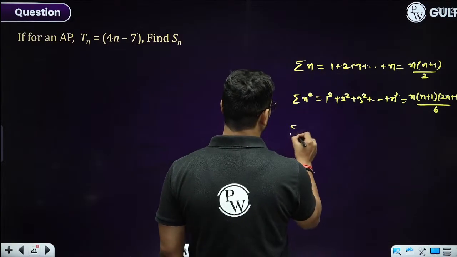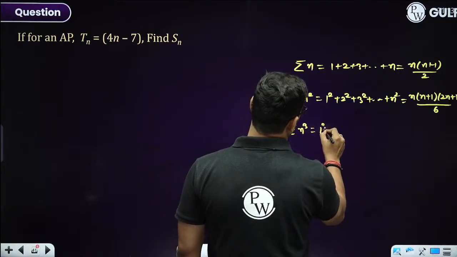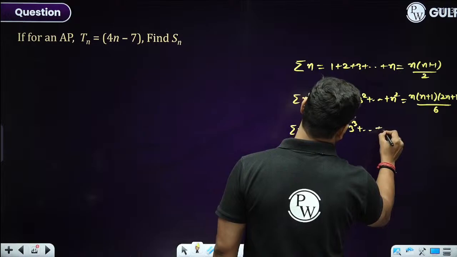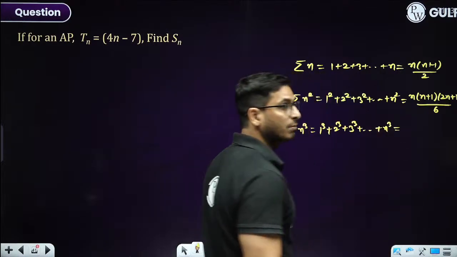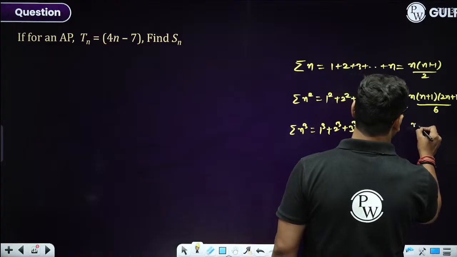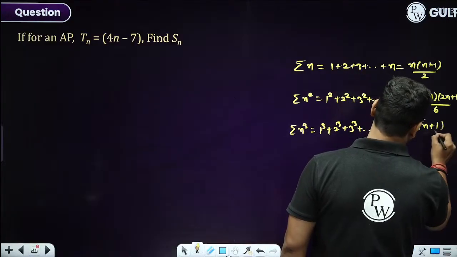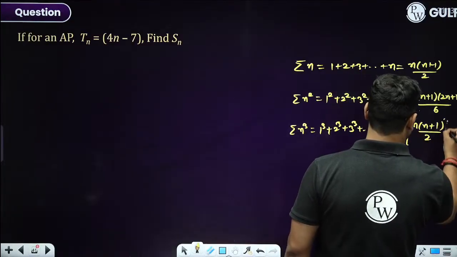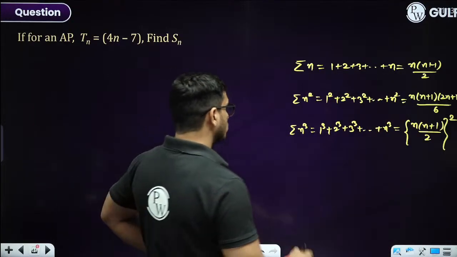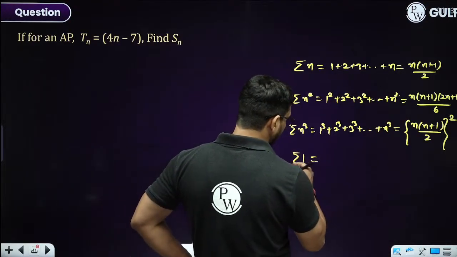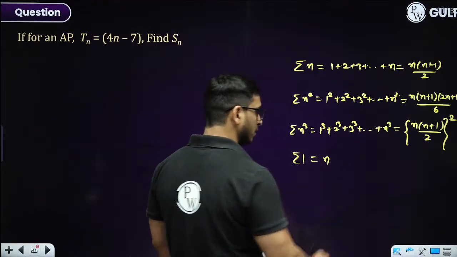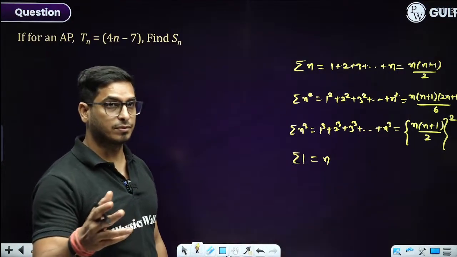Then sigma n cube, the sum of cubes of natural numbers, is n into n plus 1 by 2, whole square. So do remember. Sigma 1 is 1 plus 1 plus 1, n times, which is n.